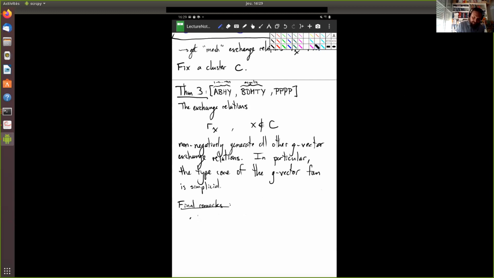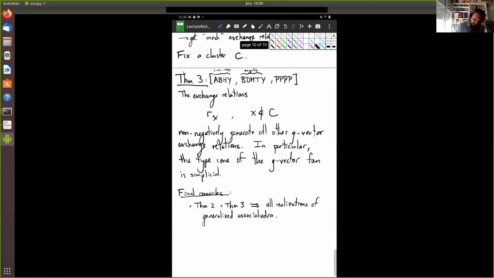If you take theorem 2 plus theorem 3, you get all realizations of generalized associahedra. Okay. That's maybe the first remark.